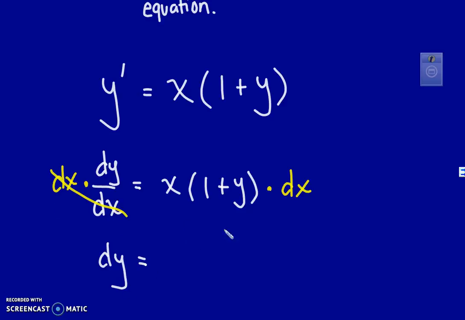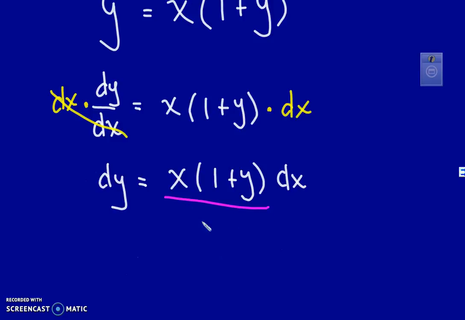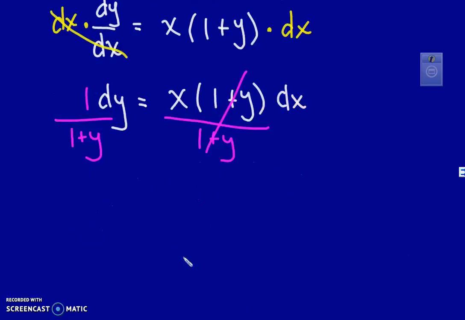So if I multiply both sides by dx, I now have something like this. And then if I go ahead and divide both sides by 1 plus y, remember there's a 1 there, I have now collected all my x's with the x's and all my y's with the y's.